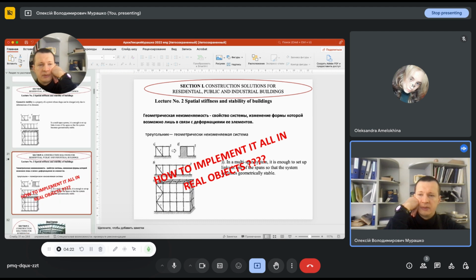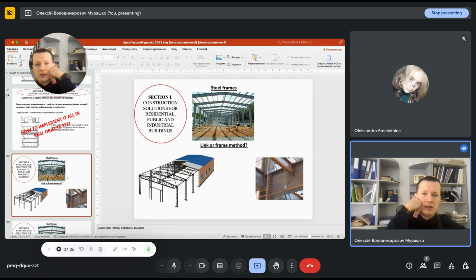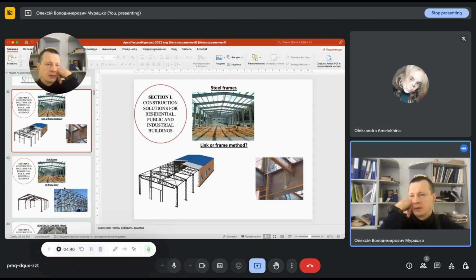And when we discussed the ways how to implement those terms in real life, we remembered that when we talk about steel frames, we can use a frame method of creation of a geometrically stable system.